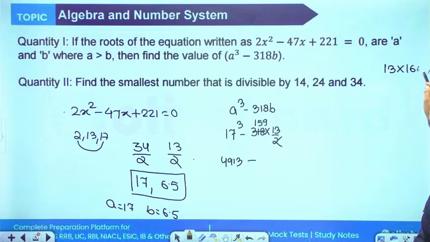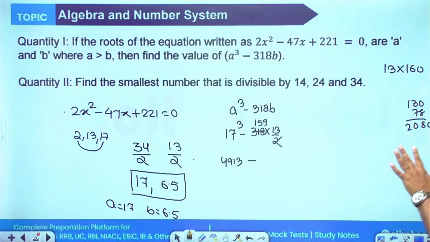What is 13 into 16? 13 into 10 is 130, and 13 into 6 is 78. So 13 into 160 is 2080.